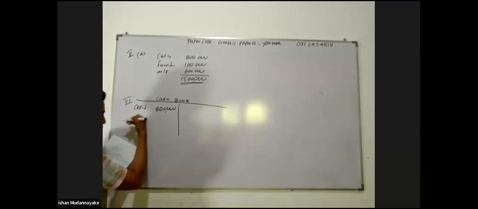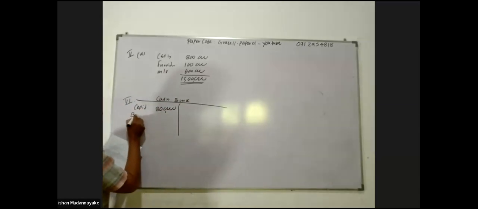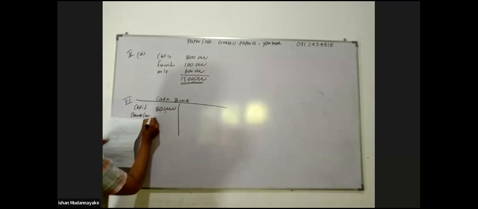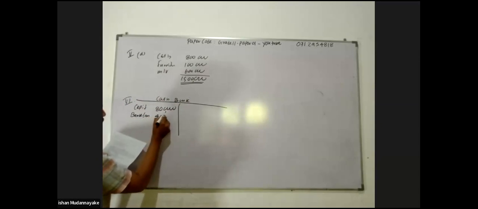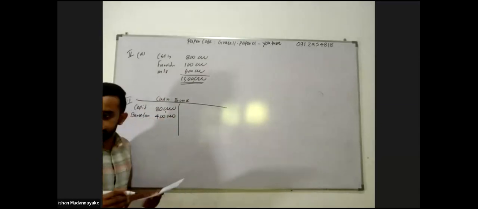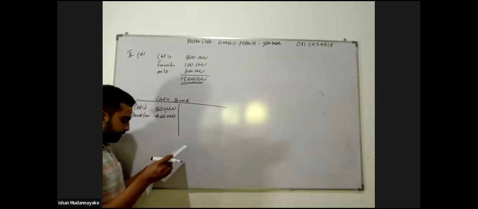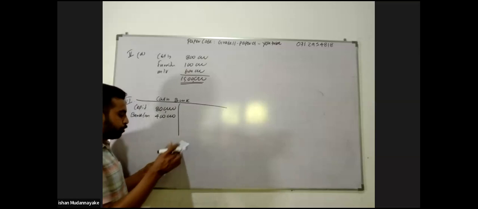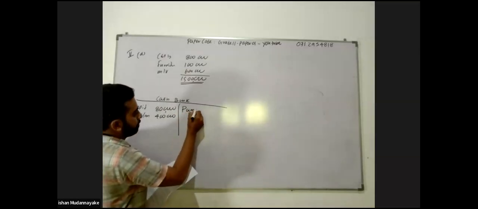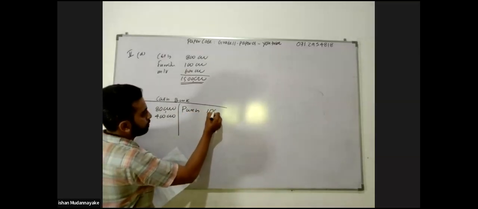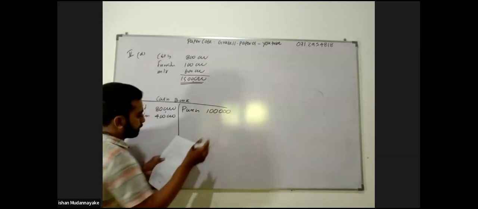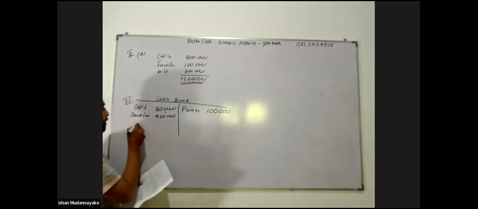Then obtain a bank loan of 400,000, a cash inflow, so debit. Inflow debit, outflow credit. Then purchase school bags, purchases 100,000.